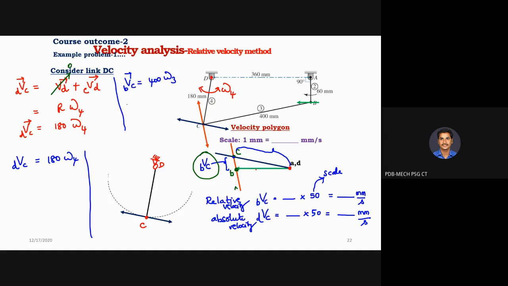Okay, so in the velocity polygon, CB multiplied by 50 will be equivalent to what? 400 into omega 3. Okay, CB எவ்வளவு வருதோ அது இங்க எழுதிக்கோங்க. ஃபார் எக்ஸாம்பிள் இங்க பார்க்க போனா 24 mm வந்துச்சா கிரீன் கலர் வெக்டார்?